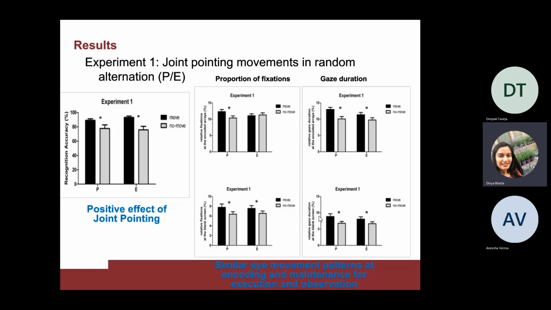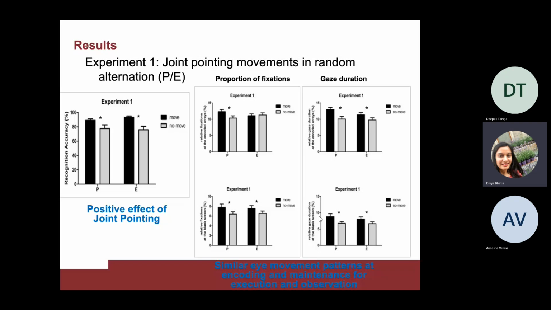So if you look at this data, what it shows you is that the fixations and gaze durations, the patterns were very similar for the P and the E condition. So there were significant differences between the move and the no move condition in this experiment for the fixations as well as for the durations.